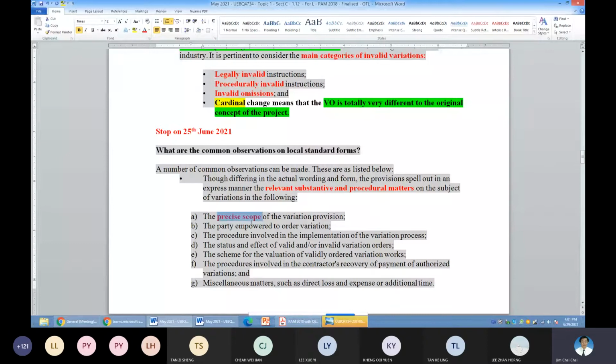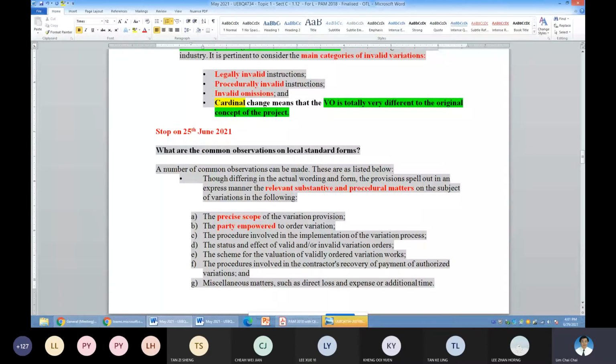And the second one is party empowering it. That is, who is authorized to issue VO. So in your PAM, it's definitely the named architect. If it's your JKR, it will be the named engineers or representative of the state government or federal government.